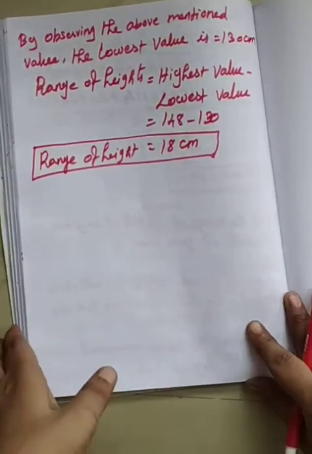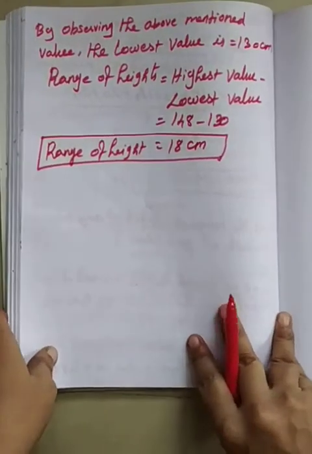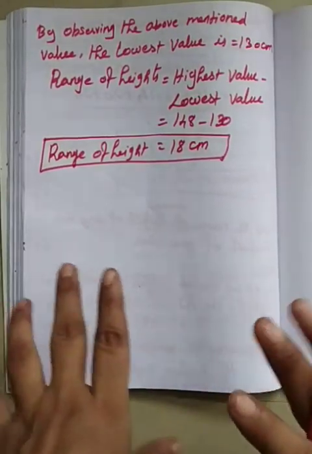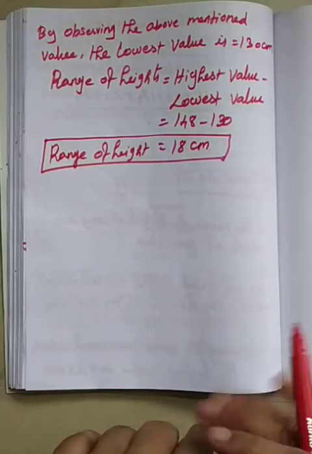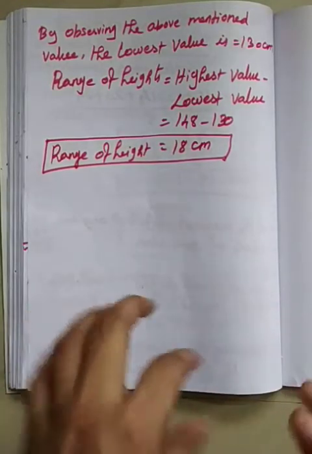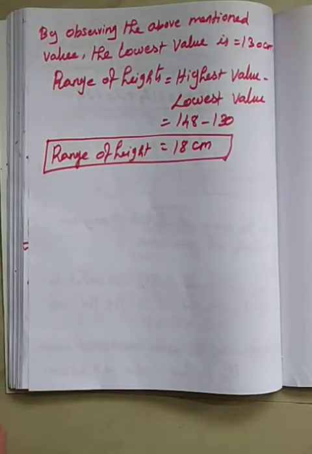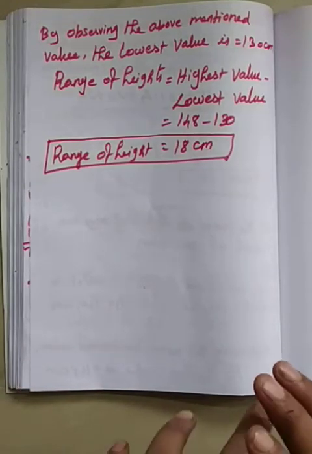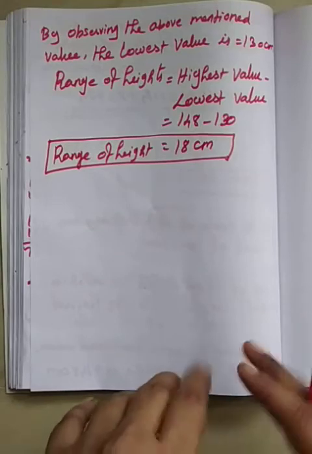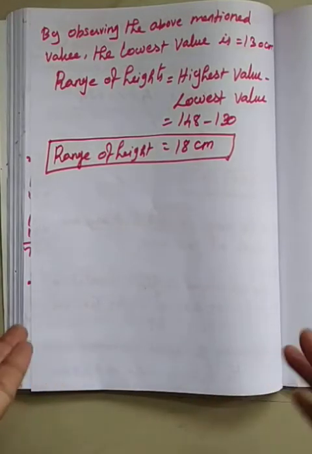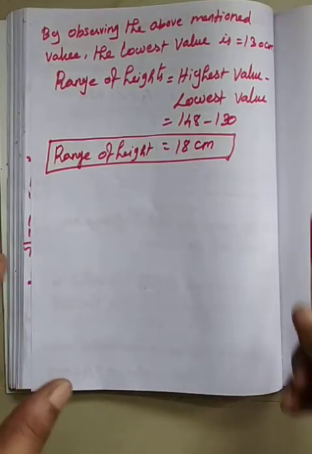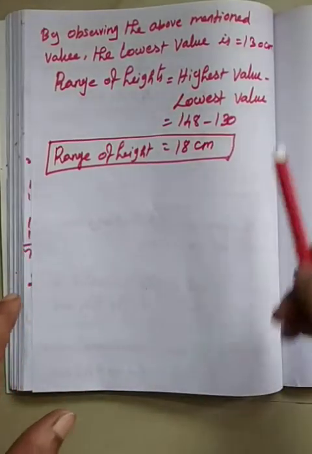Everybody clear? Okay, see, actually what is the question? Find the range of heights of any 10 students of your class. First of all, you have to consider 10 students' heights. Then you have to find the highest value, which is 148. Next you have to find the lowest value, that is 130.